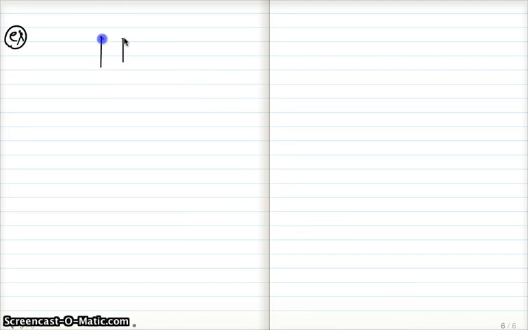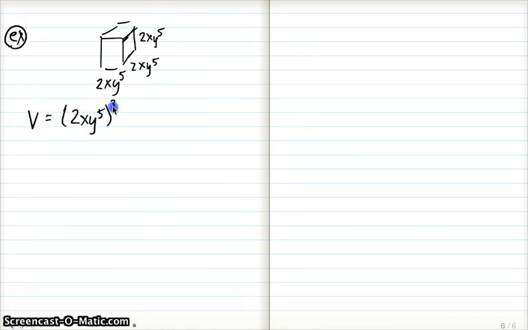You have a cube, and I know that this expression, 2xy to the 5th, is equal to the length, the width, and the height. And the volume of the cube means I need to multiply all of these together. So the volume would be 2xy to the 5th cubed.